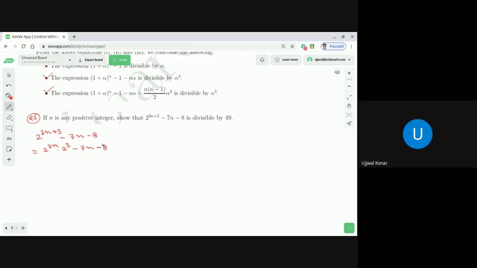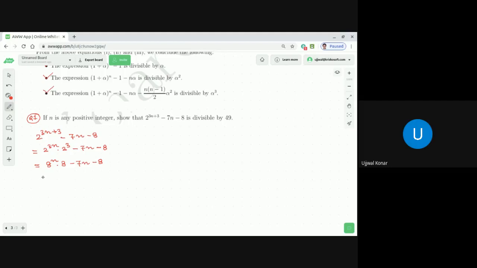Write this thing. Now let us focus mainly on 2 to the power 3n into 2 to the power 3. 2 to the power 3n means what? 8 to the power n, dear students. All of you agree with me? 8 to the power n into 8, since 2 to the power 3 means 8, minus 7n minus 8.